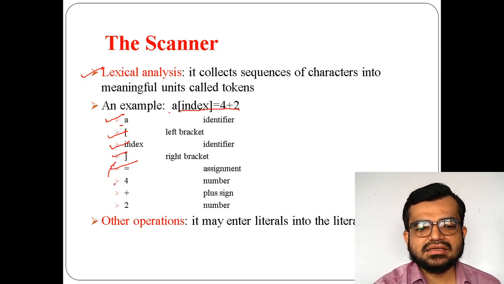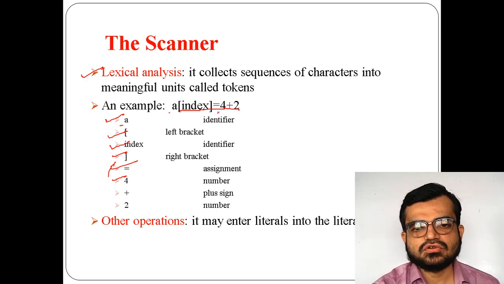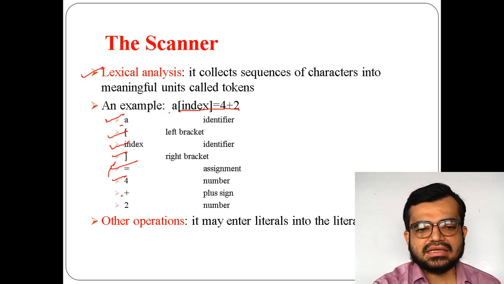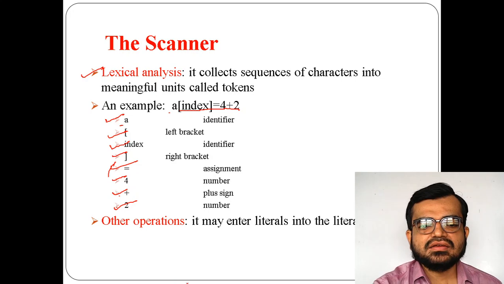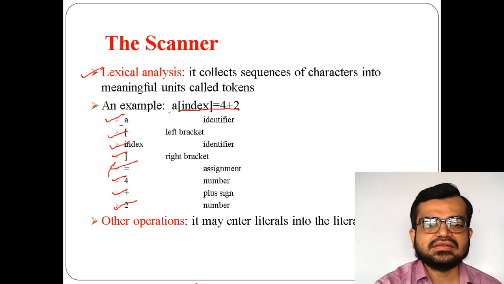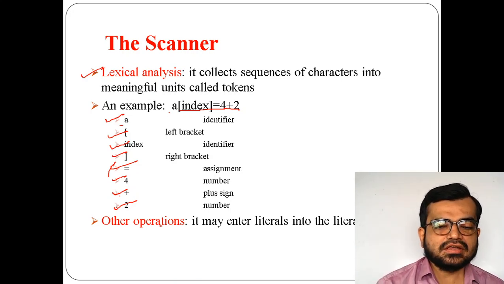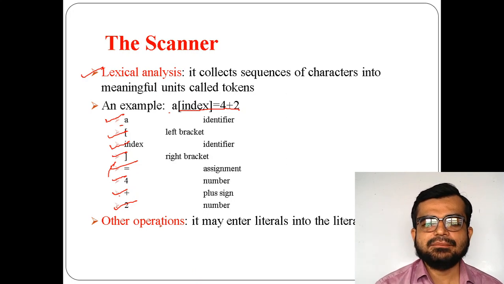Next is a number, because here we are not taking a variable, directly we are taking a constant. So constant means number here. Next is the plus sign. Next again it is a number. So this group of tokens will be your lexical analysis phase. This is just a simple example I have taken.